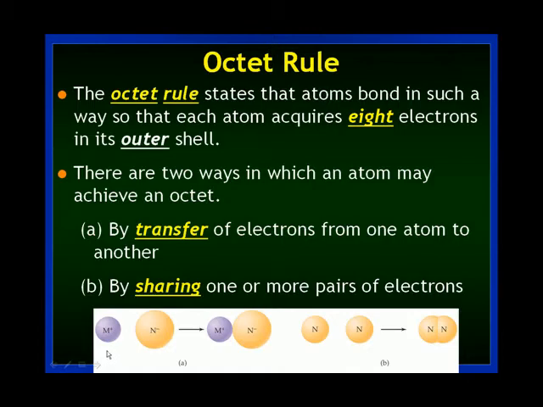Okay, you've got this M ion with a positive charge and an N ion with a negative charge. The positive and the negative are attracted to each other and they bond in that way. Here, in the second little picture, I've got two N's, and what happens is they end up sharing their electrons with one another in order to complete those bonds.